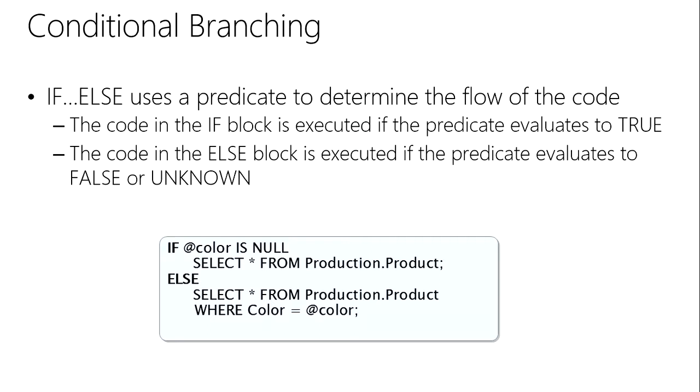Now, these ones in here are quite simplified in that they just have one line of code, one statement. So even though the second one is select star from production product, where color equals that color, it's on 2 lines, it's one single statement. So that's fine. Now, you can also have multiple statements, and if you do, then you need to wrap them up in a begin and an end.